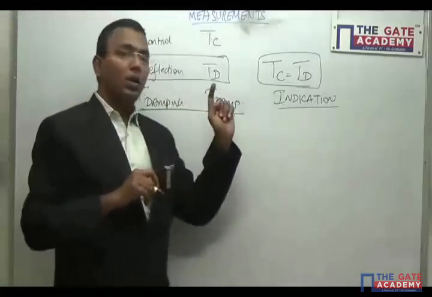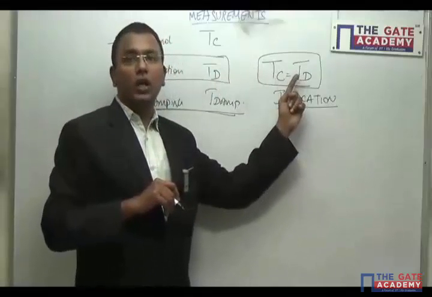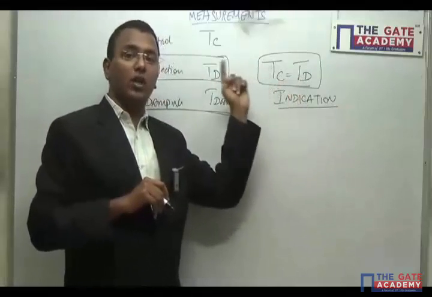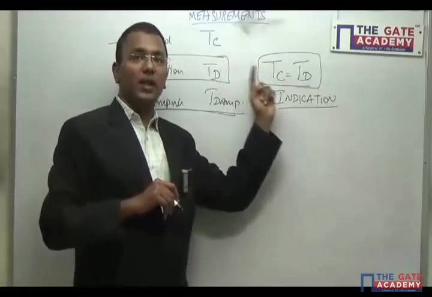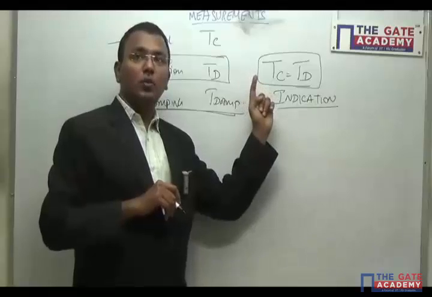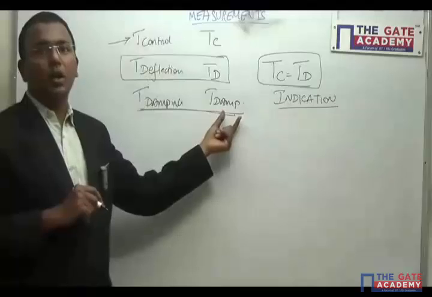At one point your deflection torque will overcome your control torque, and at one point control torque will overcome your deflection torque, so your pointer will be oscillating. To prevent those oscillations, we create what we call damping torque, which dampens out all these oscillations.